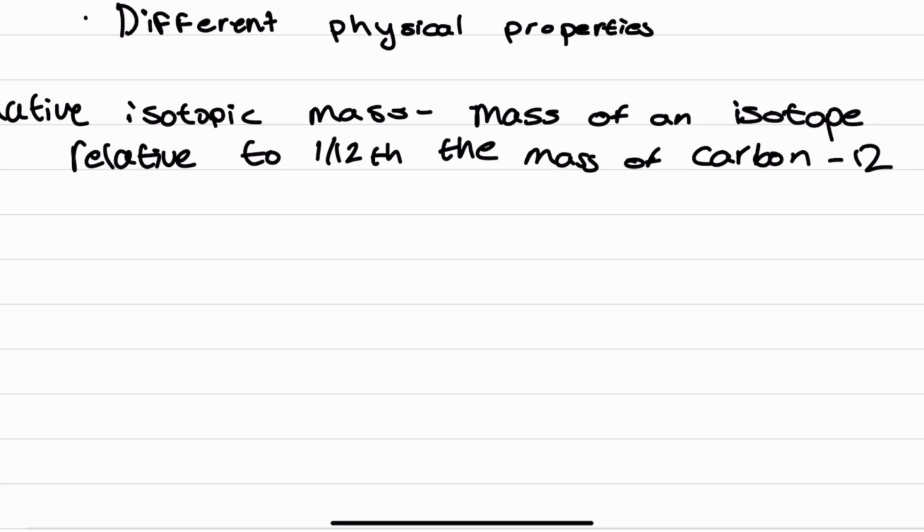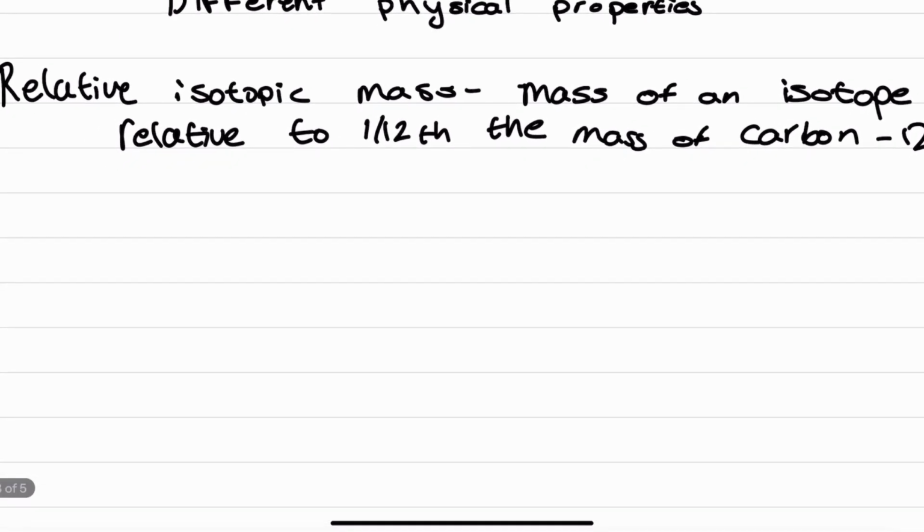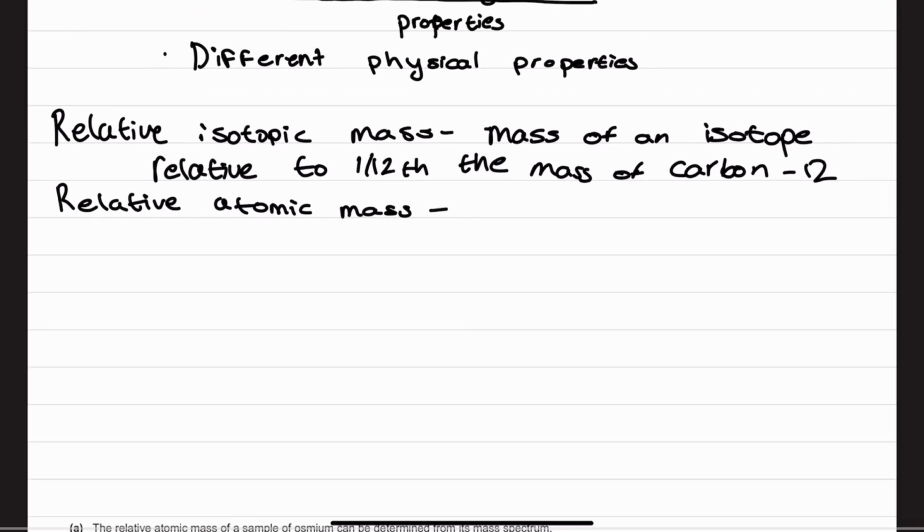Now, there is another one, which is the relative atomic mass. Now, although there's a slight difference, they are pretty much the exact same. I'll write the definition down first, and then I'll highlight the difference.